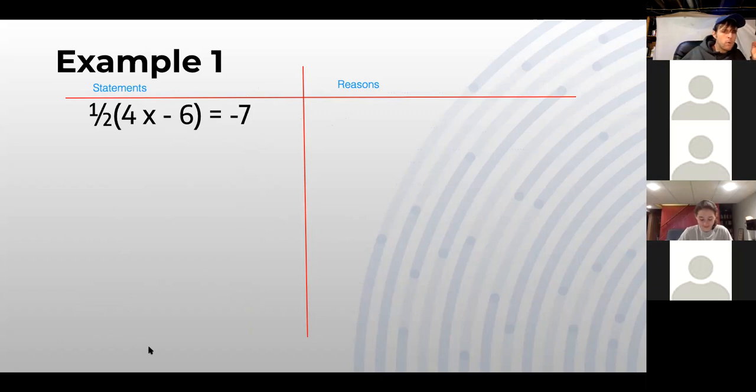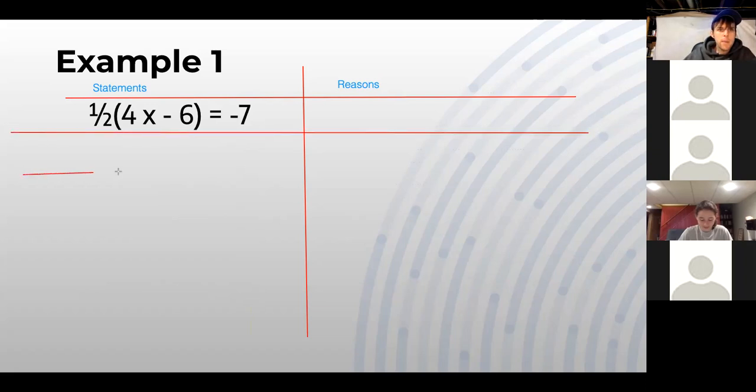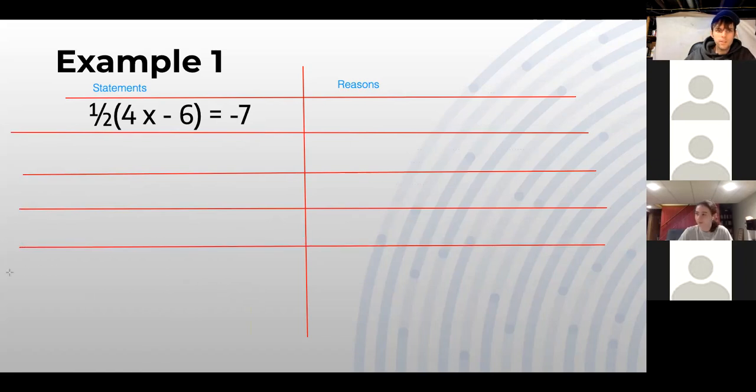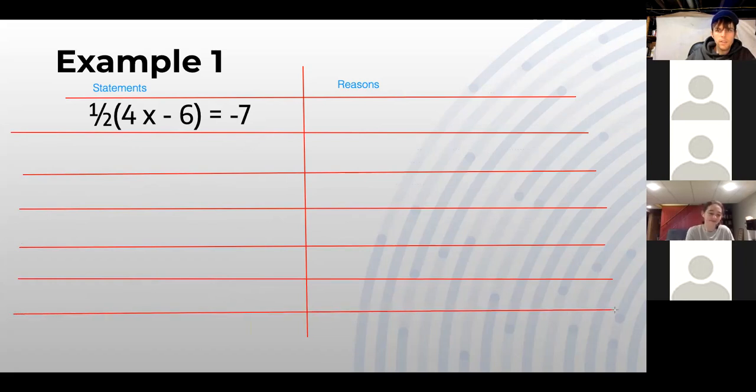I'm going to add one more thing to this one that I didn't say last time. A lot of times people will really separate things out and number each step just so that it's a lot easier to follow and see which goes with which. So I'm going to give myself some horizontal lines here. I don't know how many I need. Hopefully this is going to cover enough, but we'll see.